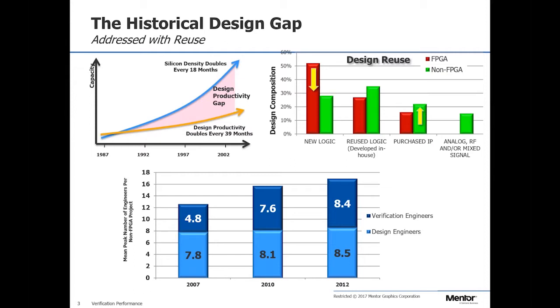And the concern in the late 90s was, hey, they are creating these bigger and bigger chips, and are the engineers going to be able to design enough logic to fill up those chips?